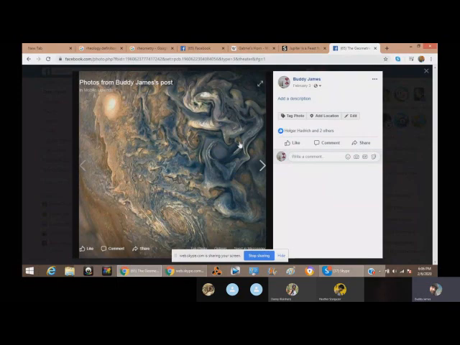Then we got this picture of Jupiter and the surface of Jupiter, and you can see these high velocity, hypersonic, multiple cyclonic vorticities or vortical movements here. You can see the angles and the pinches and the pulls. I see a horse, like a horse. Yeah, this is a horse right here.